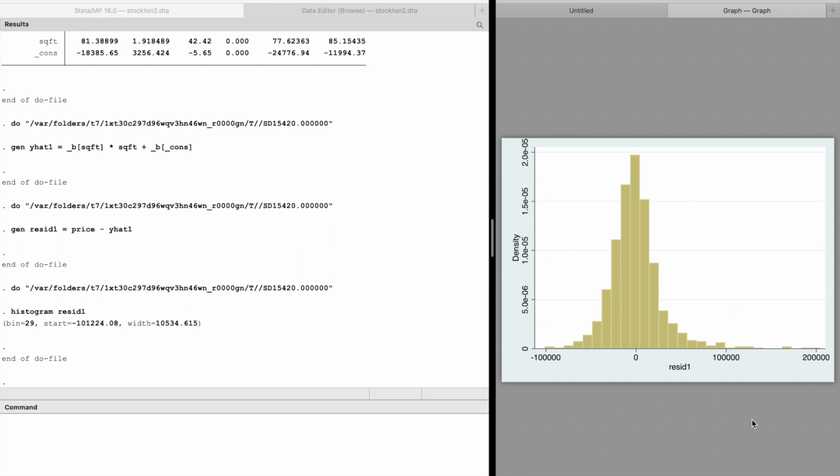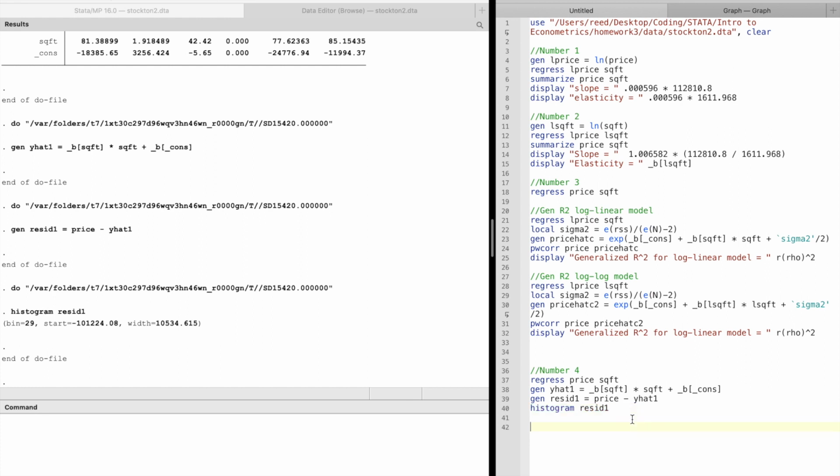If we look at this histogram, we see some skew over here. It looks like our residuals are not exactly normally distributed. So we can check that also quantitatively with the Jarque-Bera.